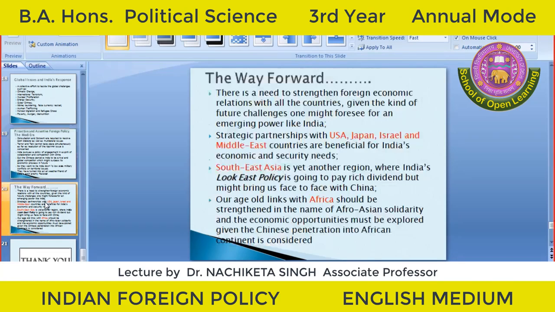The focus India should have today is to strengthen foreign economic relationships with all countries, given the kind of future challenges one might foresee for an emerging power like India. We are an emerging economy, poised to be a $5 trillion economy in the next 3-4 years, and this is an energy-driven economy.